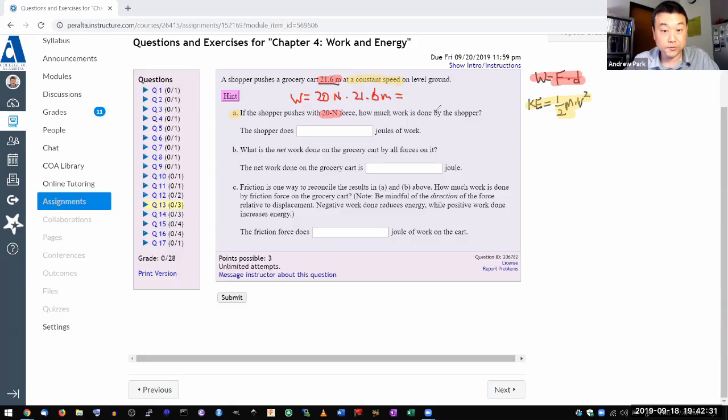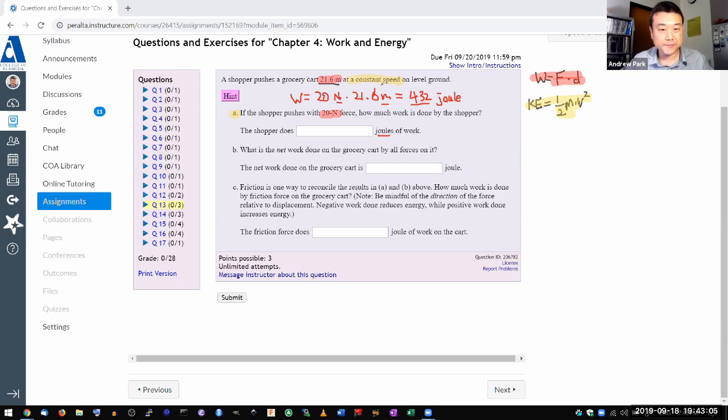And I think I can do this one in my head. 432. It's a newton times a meter, and when you read chapter 4, they define a new unit of work called the joule, which is this unit here. So it should be 432 joules.